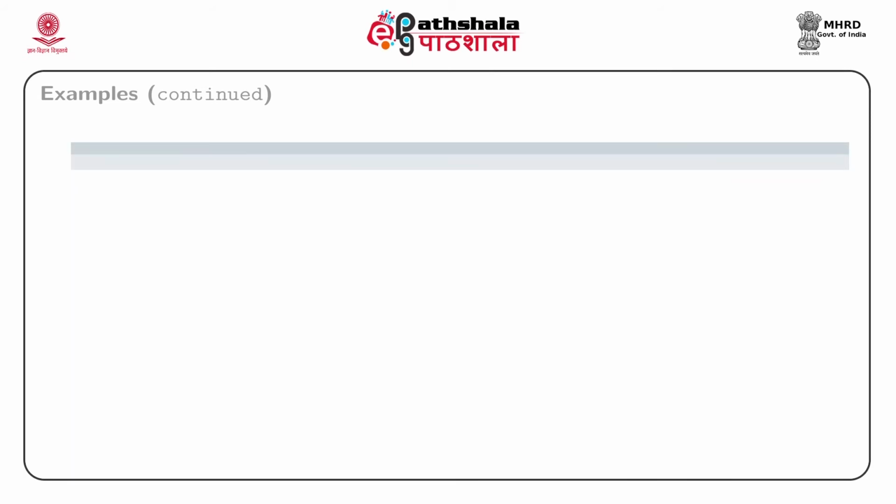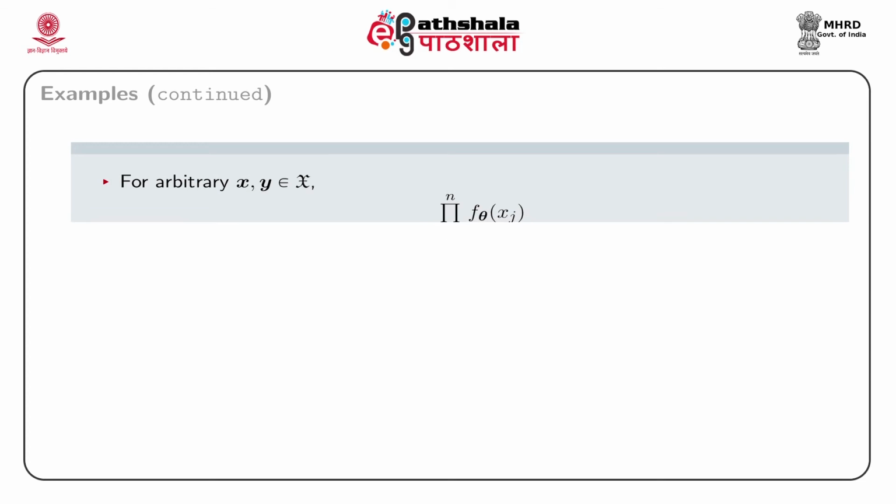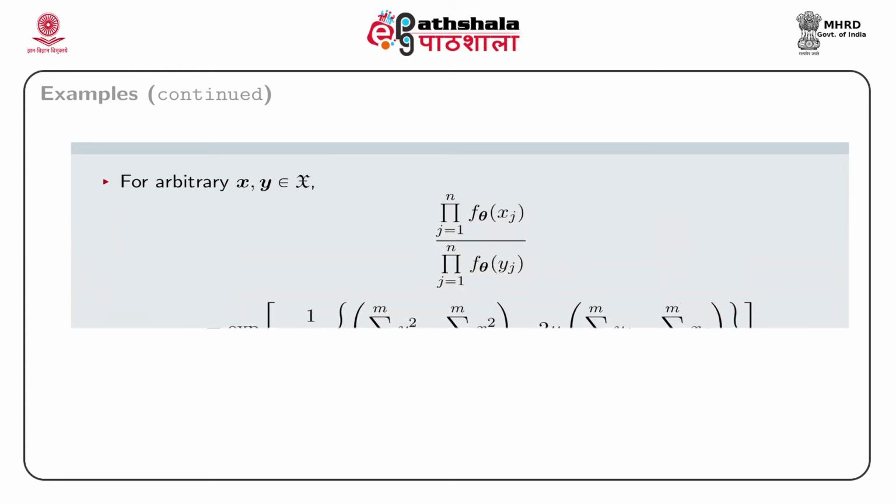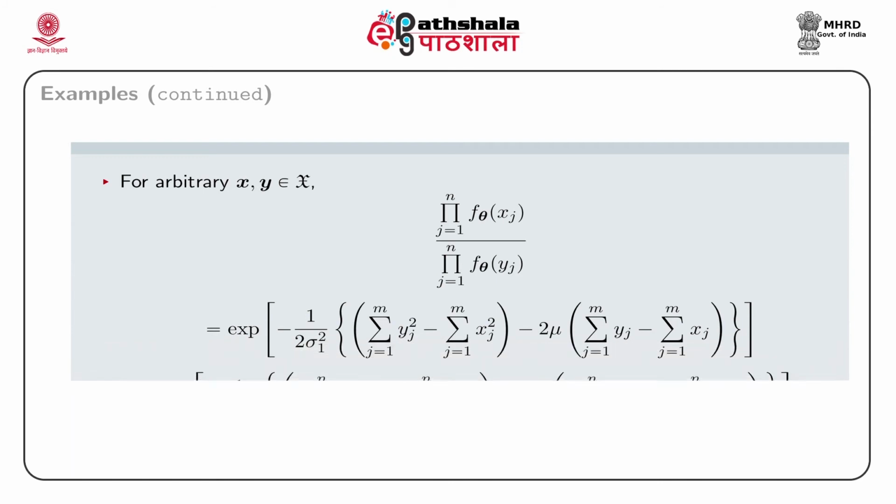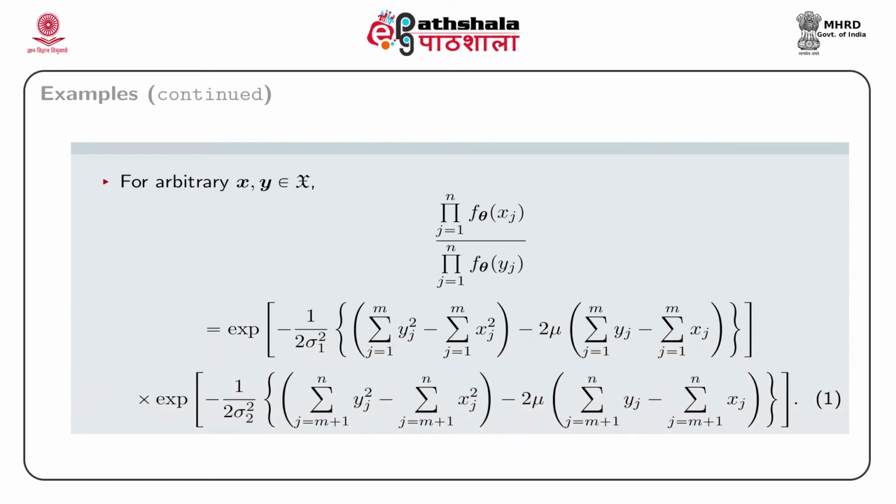Now for two arbitrary data points, x, which is x1, x2, up to xn, and y, which is y1, y2, up to yn, both from script X, we have the product over i from 1 to n of f theta of xi divided by the product over i from 1 to n of f theta of yi.